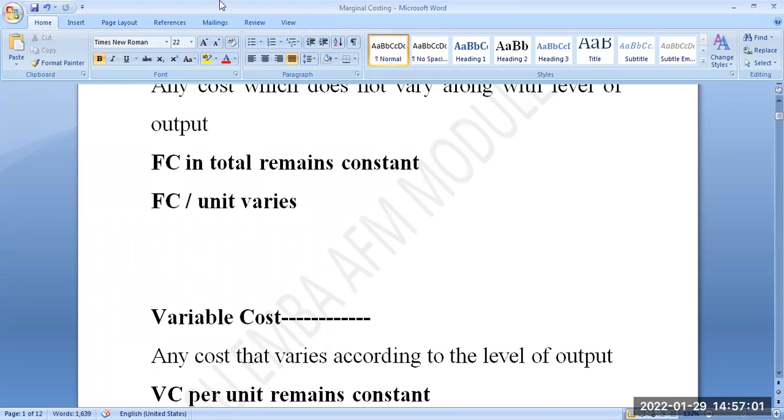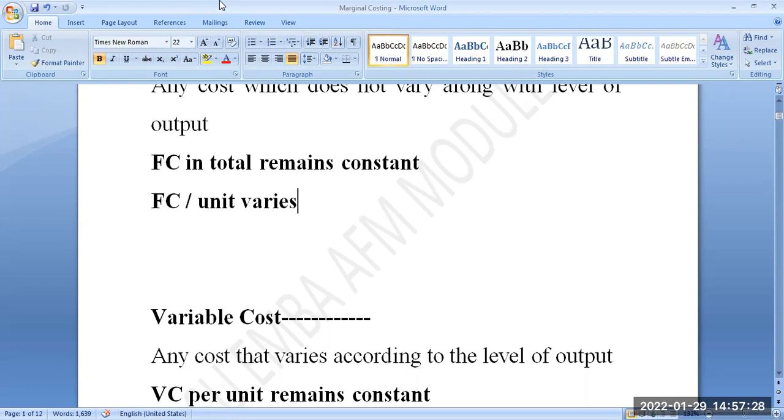What is the class running cost per student per hour for the college? 10 rupees. How did you get it? 1000 by 100. Suppose in the same college, only 50 students are attending the class. Now, how much will be the per student cost of teaching per hour?